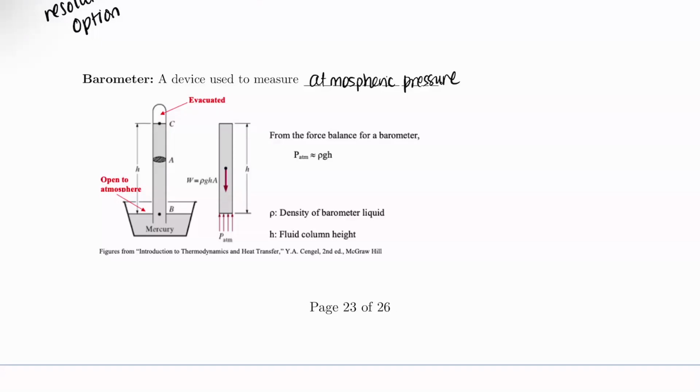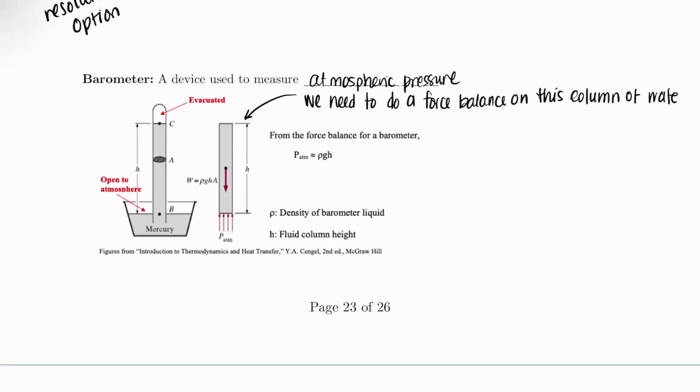Essentially what we want to do is a force balance on this column of water. All right, so this is just a recreation of the water that is right here.